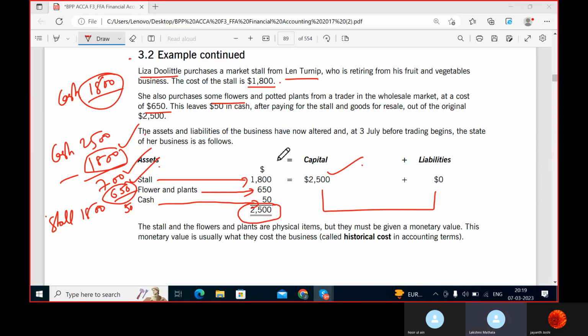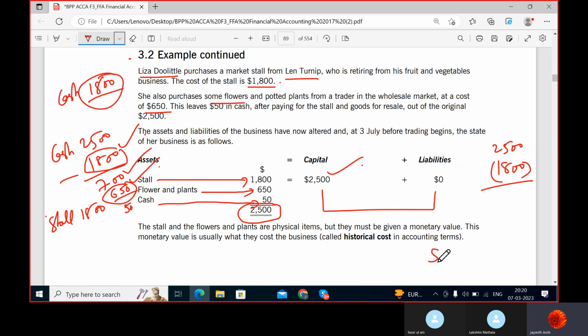Sir, from the 1800 part. See, 2500 cash was there. From that, 1800 has been used to buy the stall. Okay, so cash will decrease, and now what comes into the business? The stall, of 1800 value. How much cash do we have? 700 we have in the cash account.